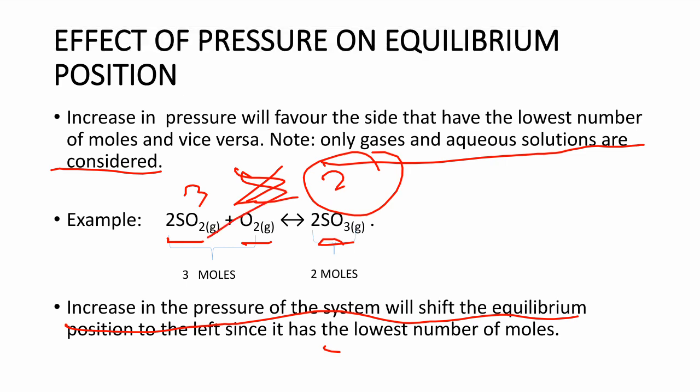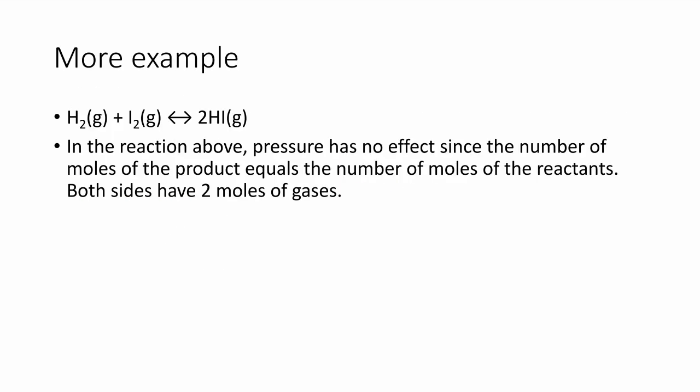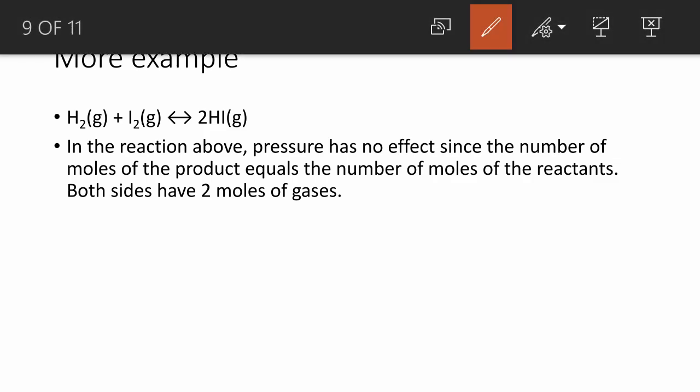Now, let's see more examples here. We have hydrogen plus iodine gas giving us 2HI, and we are asked, in the reaction above, the effect of pressure. We are told the reaction above, pressure has no effect since the number of moles of the product is equal to the number of moles of the reactant.